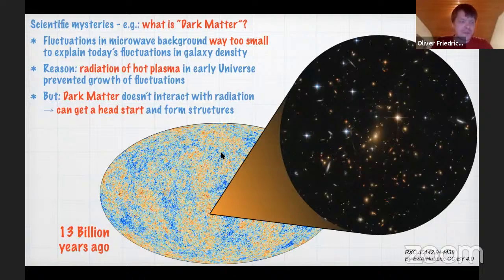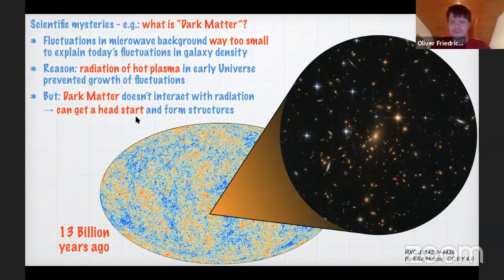And a reason why these fluctuations are so tiny is that in the very early phases of the universe, gravitational collapse actually could not really take place. This is exactly because the early universe was filled with this hot plasma, and the radiation in that plasma was exerting such a high pressure on the entire plasma that density fluctuations simply couldn't collapse.